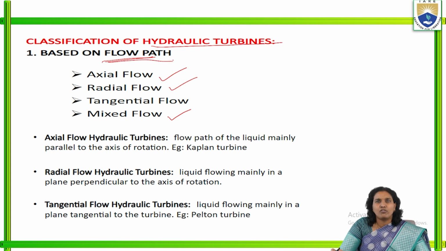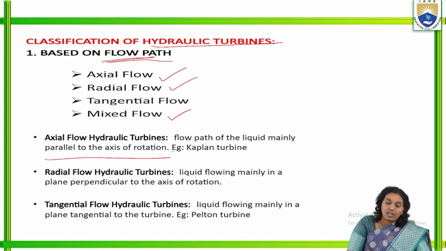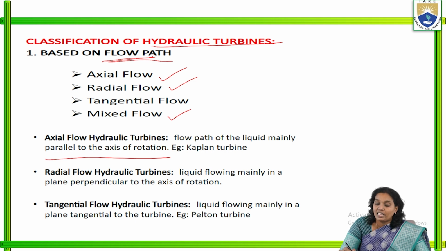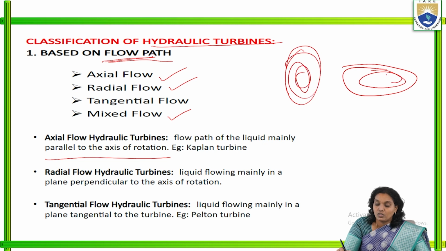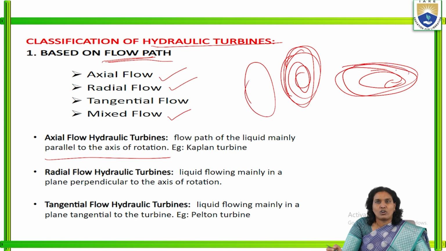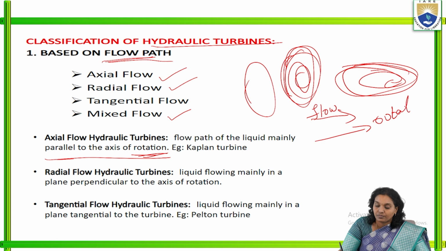Coming to the axial flow hydraulic turbines, the flow path of the liquid is mainly parallel to the axis of rotation. The rotation may happen in many ways, but whenever the flow path is parallel to the rotation, such type of flow is known as an axial flow hydraulic turbine.